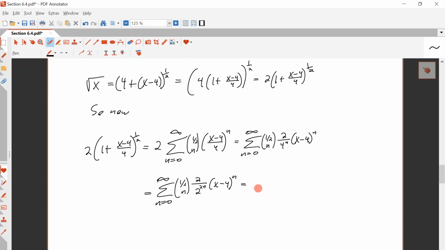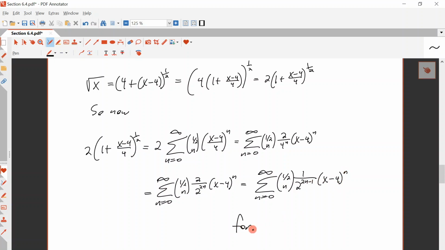Right, and so now we have our final answer: the sum n equals 0 to infinity, 1/2 choose n, 1 over 2 to the 2n minus 1, x minus 4 to the n.